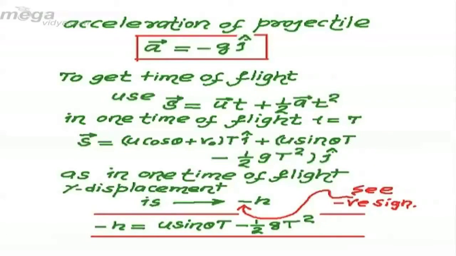It is a simple quadratic equation which can be easily solved, and we will get the answer for the time of flight using this equation. Here you can easily see that displacement can be written as x i cap plus y j cap in terms of x and y components of displacement. We can get our final calculations.